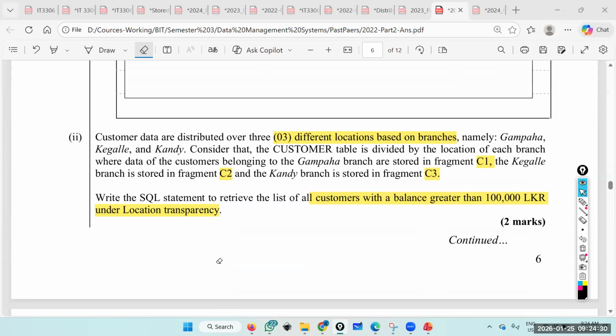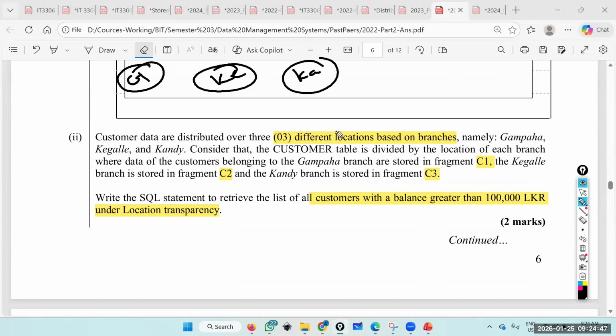Right. So let's read it again. Customer data are distributed over three different locations, namely Gampaha, Kegol, and Kandy. Consider that customer table is divided by location of each branch where data of the customers belonging to the Gampaha branch are stored in fragment C1, Kegol branch fragment C2, and Kandy branch in fragment C3.